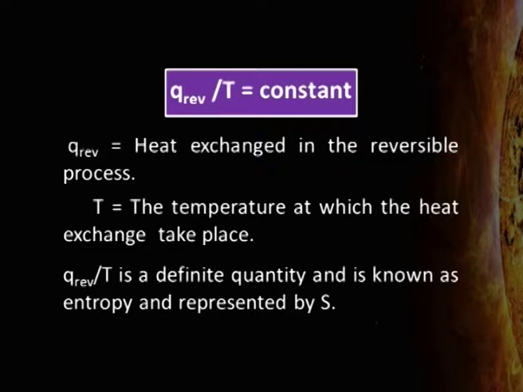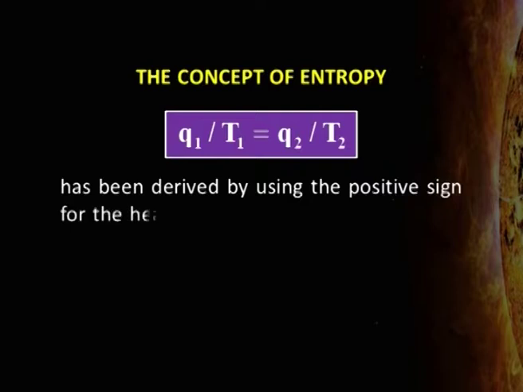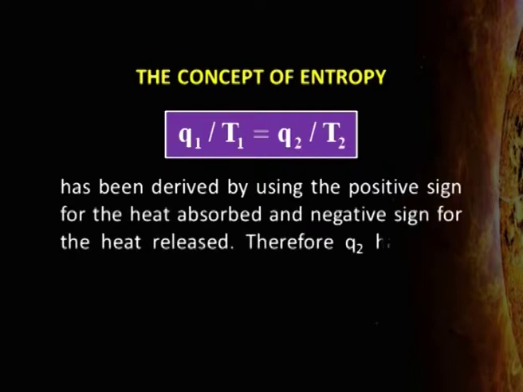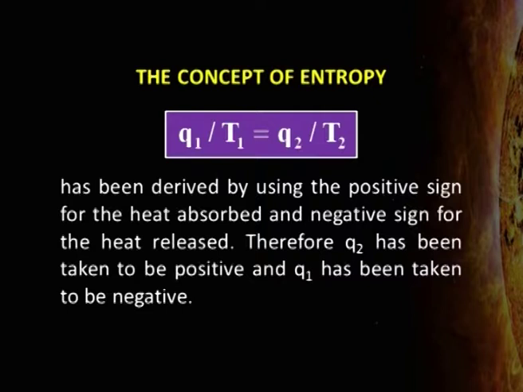The equation Q1 upon T1 equal to Q2 upon T2 has been derived by using the positive sign for the heat absorbed and negative sign for the heat released. Therefore, Q2 has been taken to be positive and Q1 has been taken to be negative.